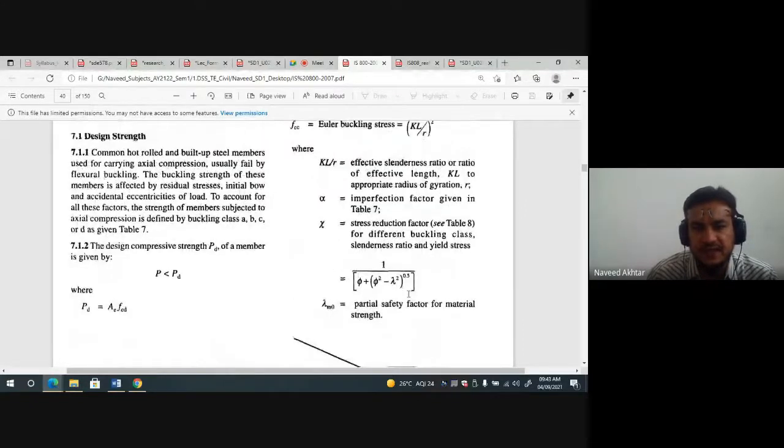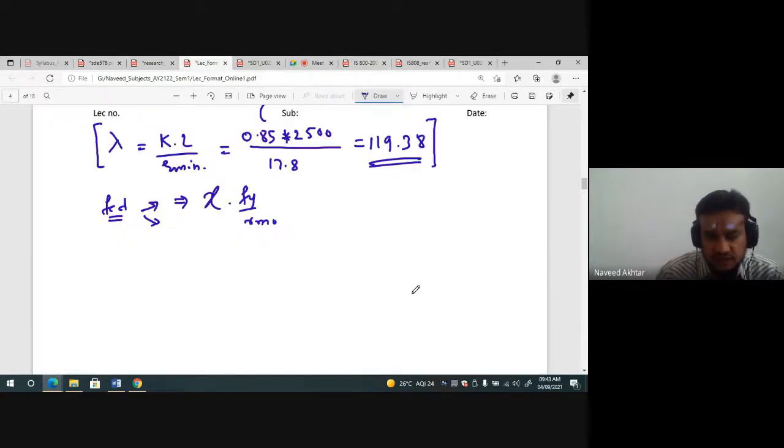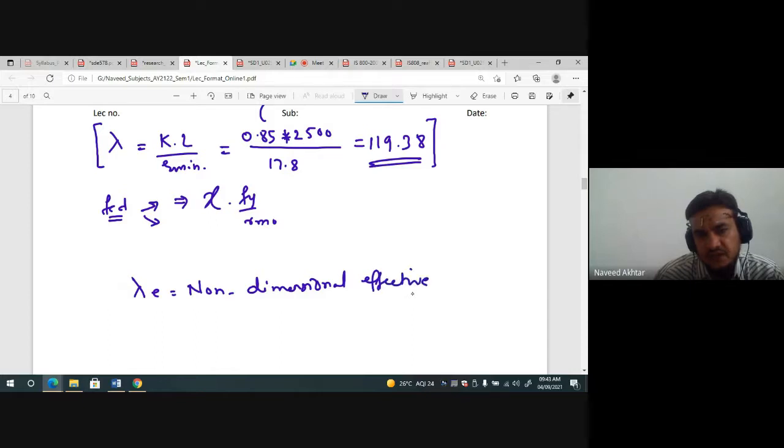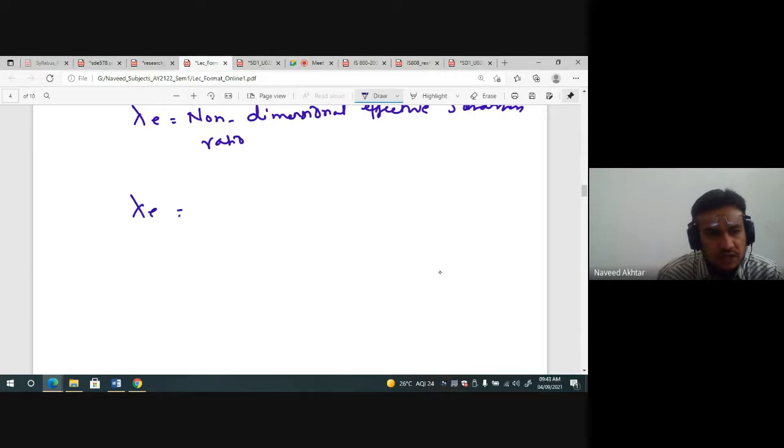So here we have to do the reverse calculation. First we have to find out FCC, and from FCC you can find out the lambda e value. Lambda e is the non-dimensional effective slenderness ratio. So lambda e is equal to under root of Fy upon FCC.